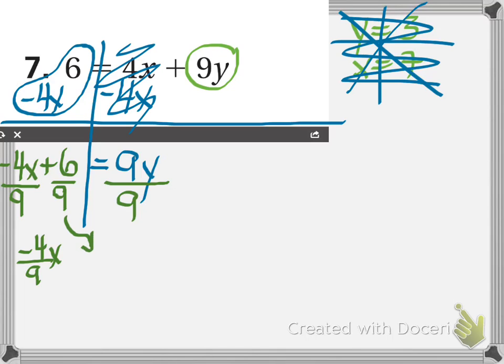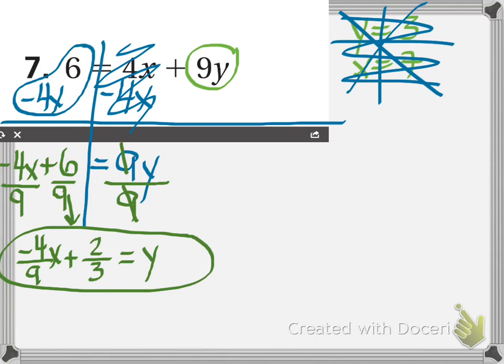But 6 over 9 does simplify, and that would become 2 over 3, because 3 goes into 6 2 times, and 3 goes into 9 3 times. We had a plus sign, so we'll keep that there. And now we know that any number divided by itself equals 1, so we just have y by itself. So negative 4x over 9 plus 2/3 equals y is our answer. That is our rewritten equation, solving for y, or getting y by itself.